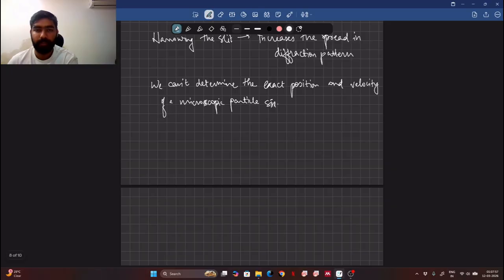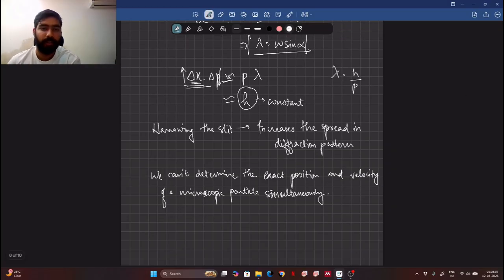This is very important. If we are trying to calculate both delta x and delta p, because we are trying to calculate delta x, we are narrowing down delta x. In that case, the spread in the diffraction pattern will increase. So we won't be able to determine the exact value of delta p.